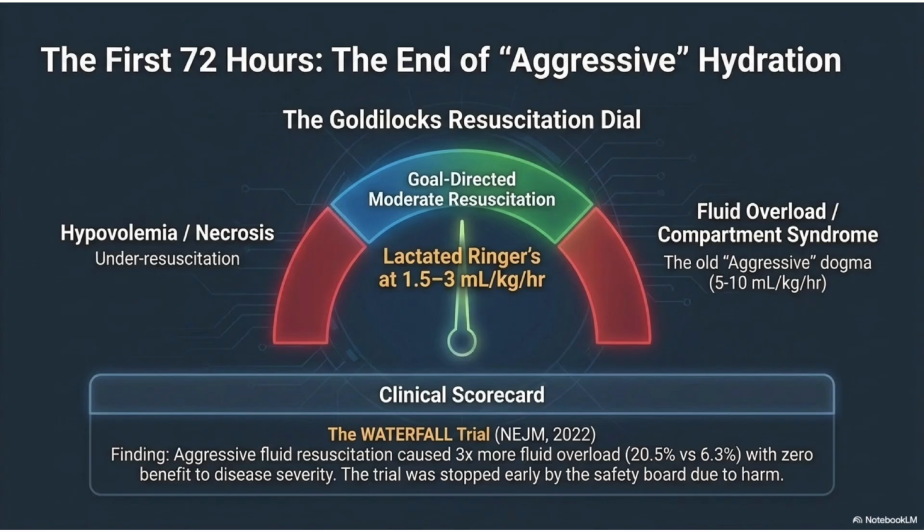The first 72-hour aggressive hydration rule is kind of under reconsideration since the advent of the WATERFALL trial that was done in 2022.